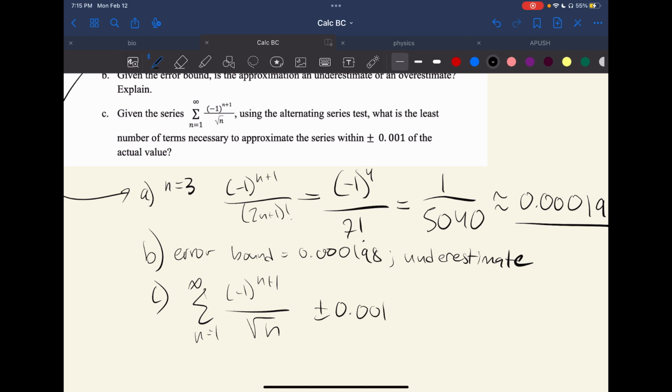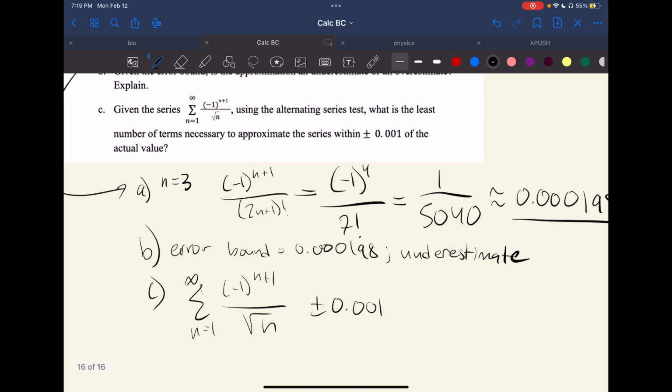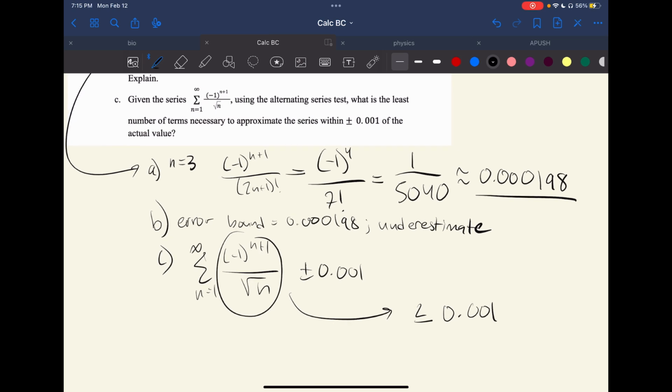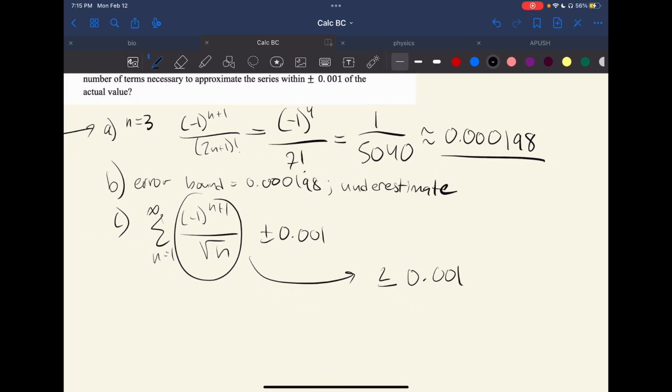So they're asking us to find the smallest integer possible so that this is going to be less than or equal to 0.001, right? So yeah, it's the least number of terms.